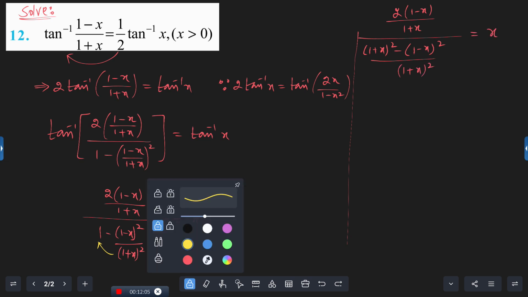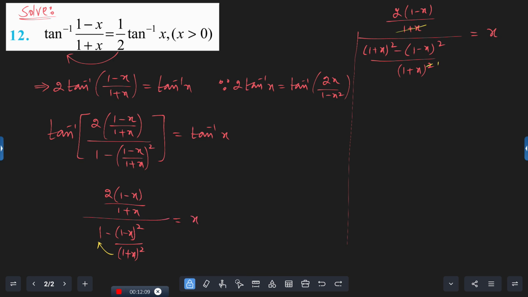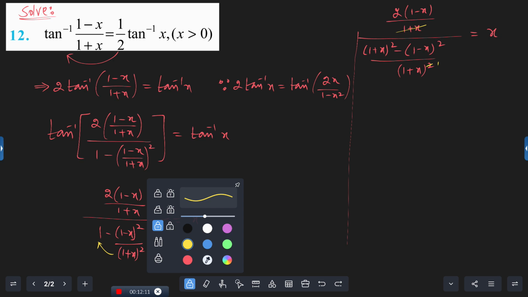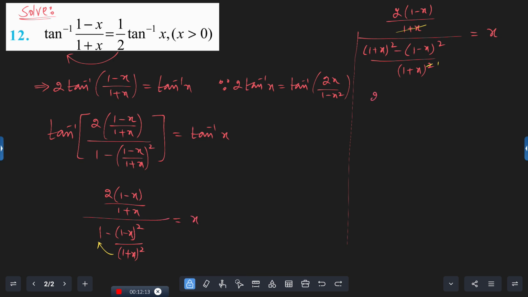Children, you can cancel this (1 plus x) here. Now, in the numerator we have 2 into (1 minus x), and in the denominator, by the (a plus b) whole square formula, 1 square plus x square plus 2x, minus, again 1 square plus x square minus 2 times x, whole divided by (1 plus x), equal to x.